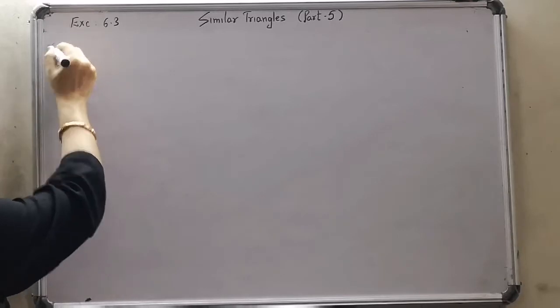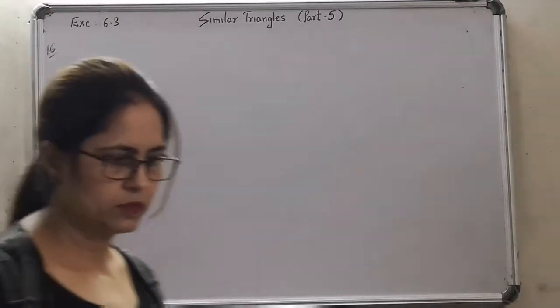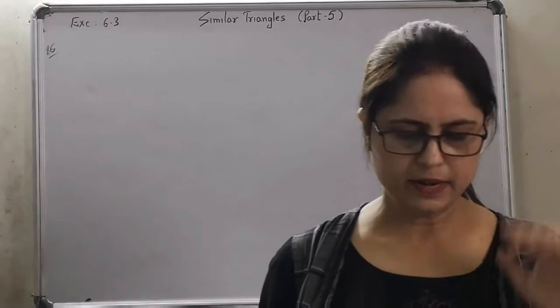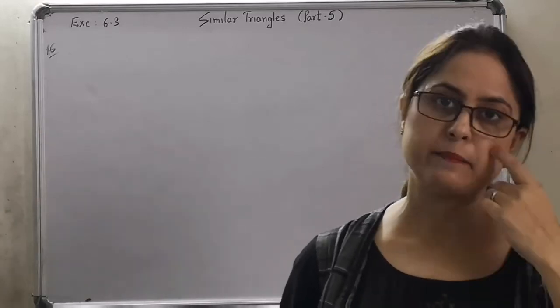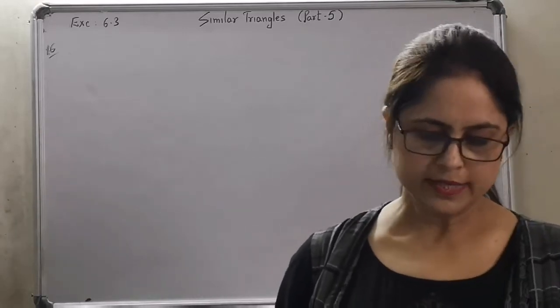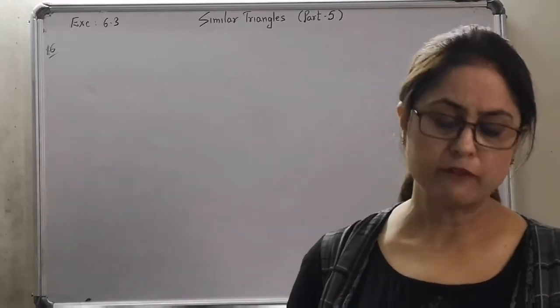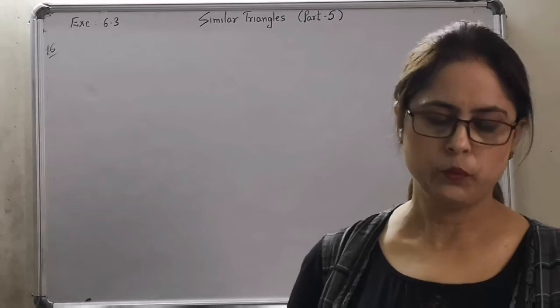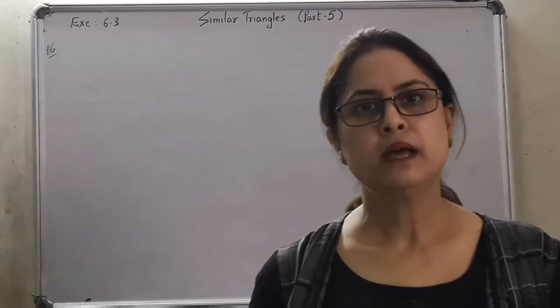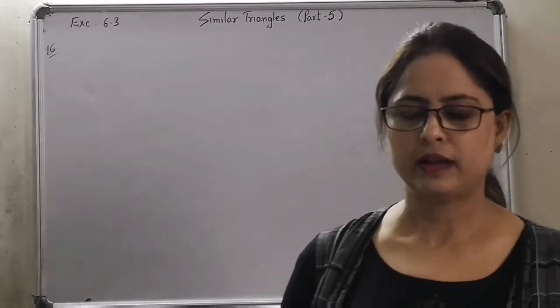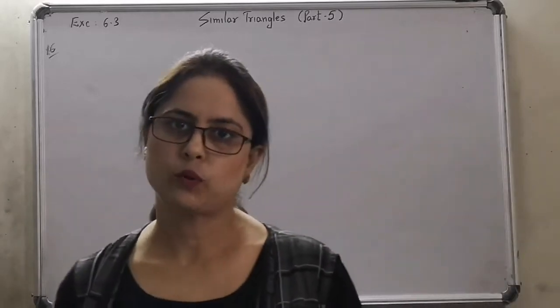I suppose you all have your textbooks with you. The question says if AD and PM are the medians of triangles ABC and PQR respectively, where triangle ABC is given to be similar to triangle PQR, we have to prove that AB upon PQ is equal to AD upon PM.